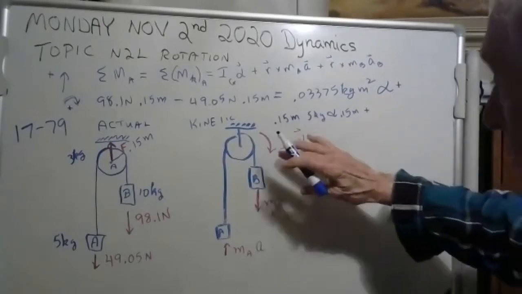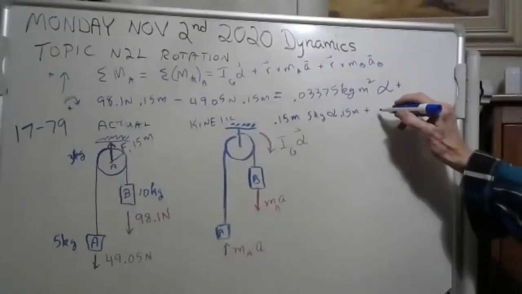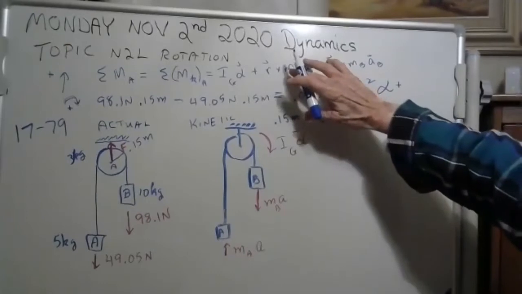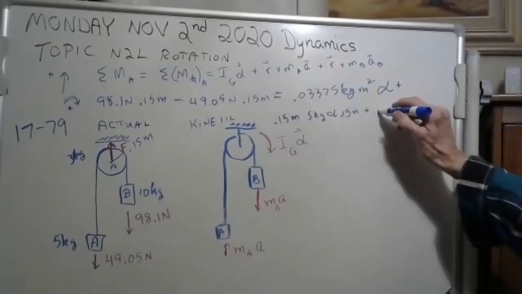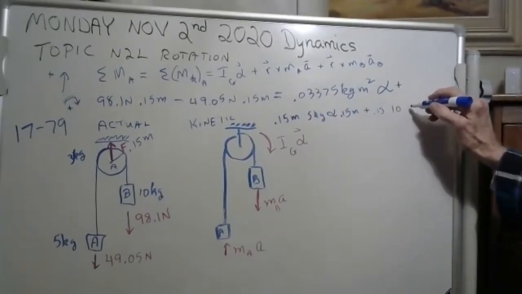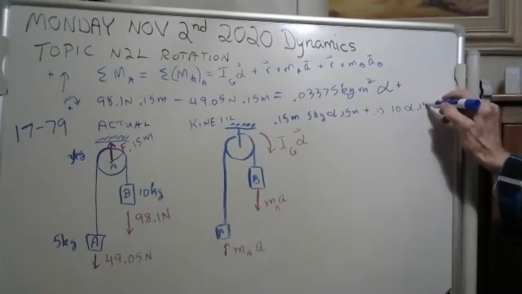And then you have to add to it the kinetic moment of B, which is the R, which is 0.15, times 10 kilograms times alpha times 0.15.